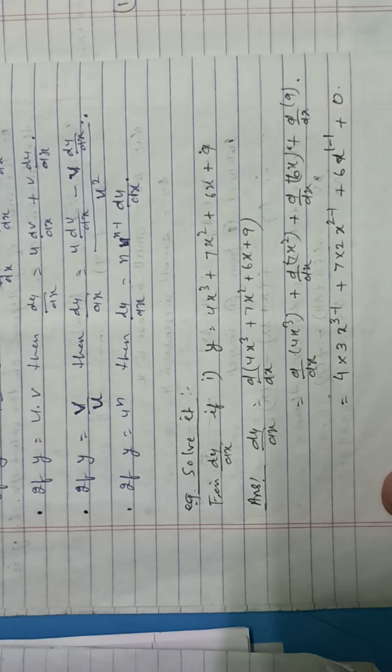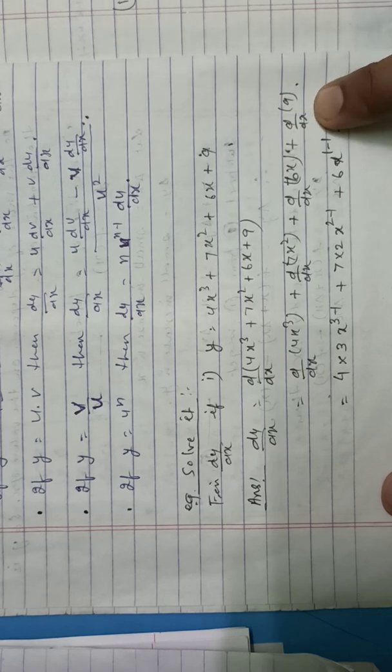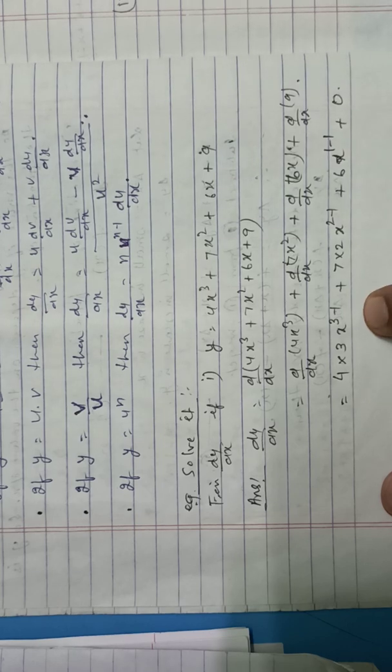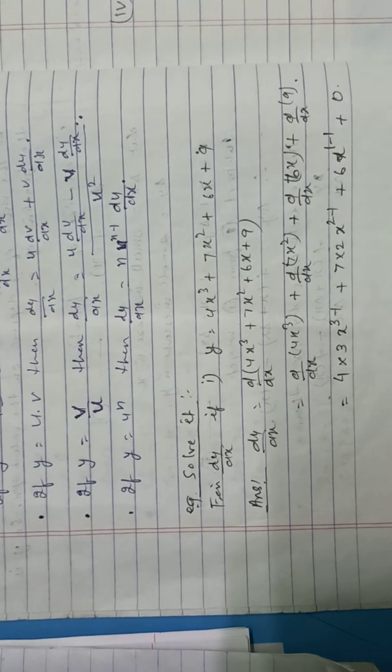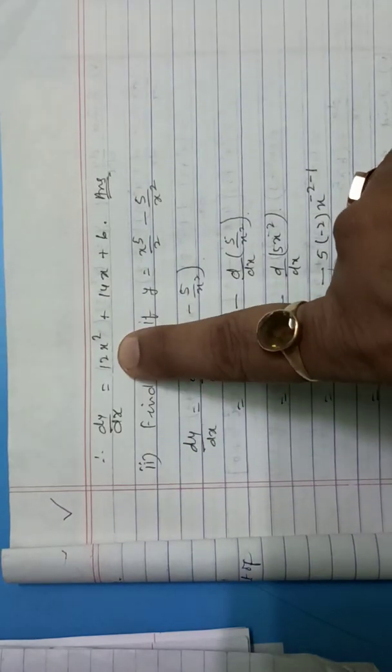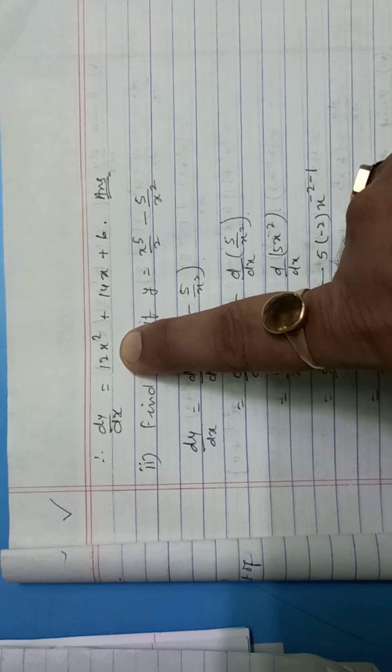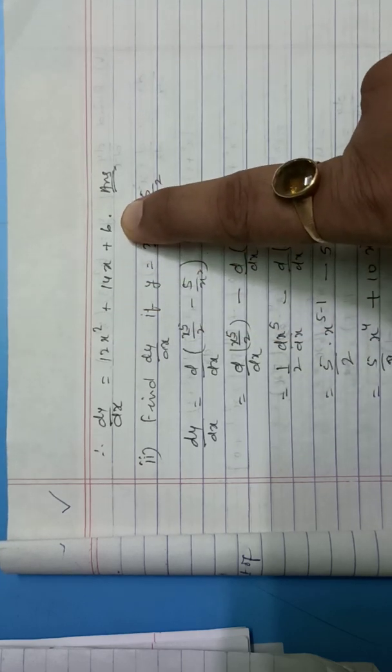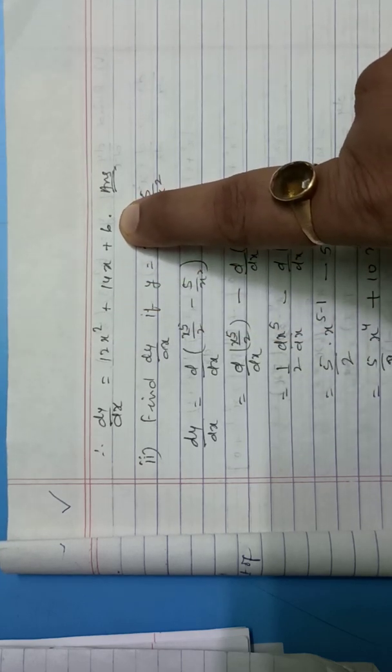Any quantity raised to the power 0 is equal to 1. And the differential coefficient of 9 is equal to 0. After solving, we write dy by dx is equal to 12x square plus 14x plus 6. Is it clear?